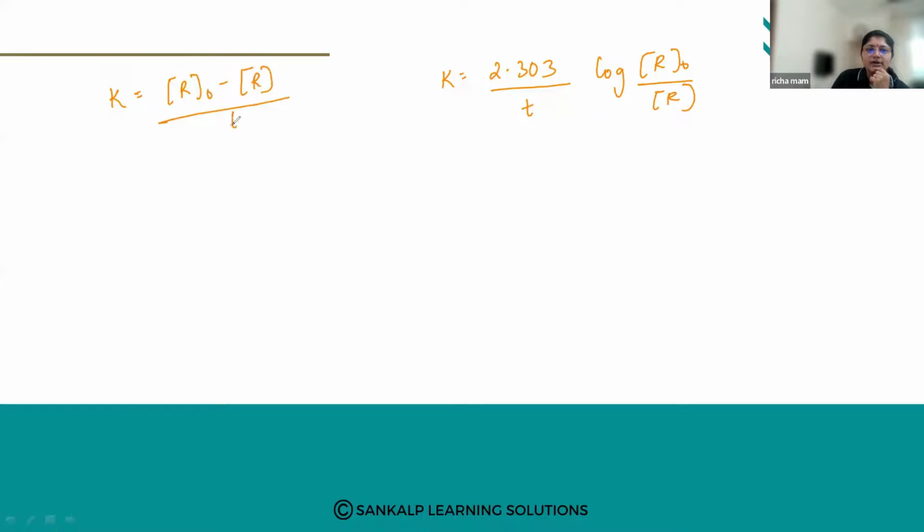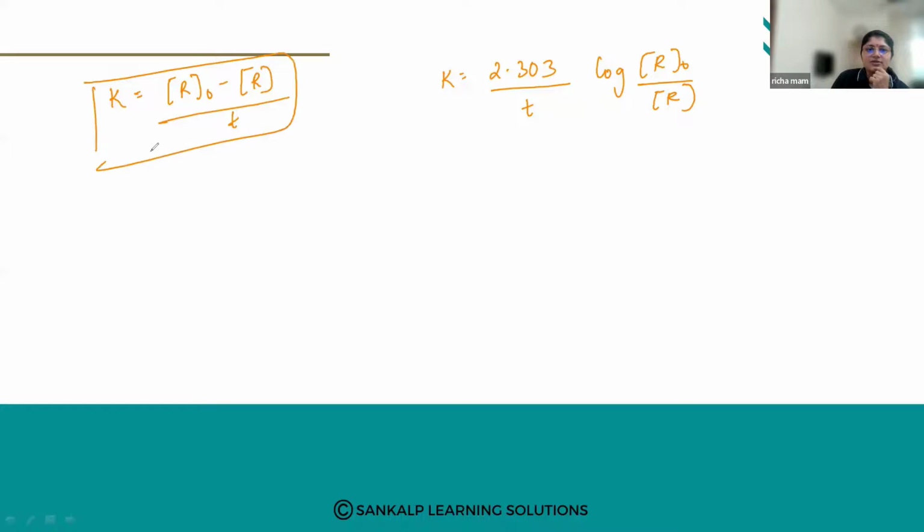For first order reaction, what was the equation we got? For first order reaction, we got k is equal to 2.303 by t log of R naught by R. And for zero order, k is equal to R naught minus R upon t.